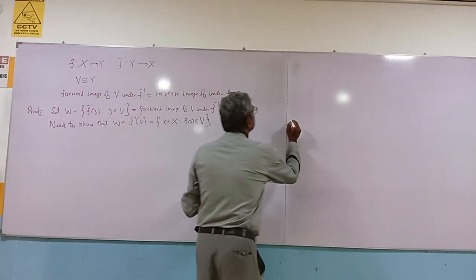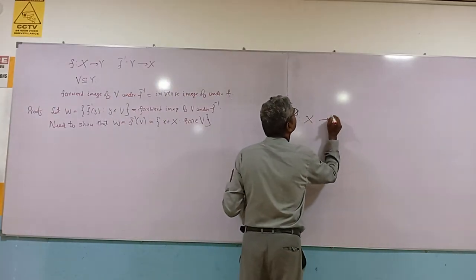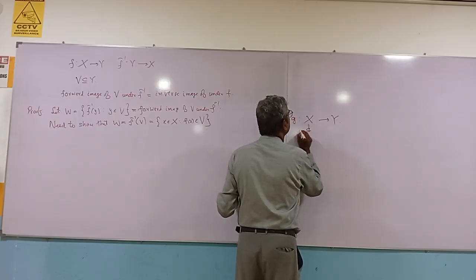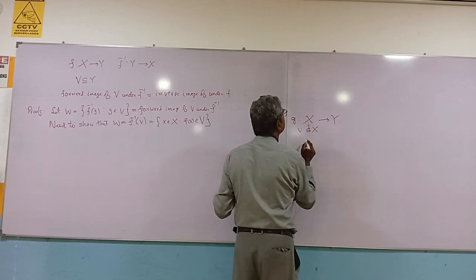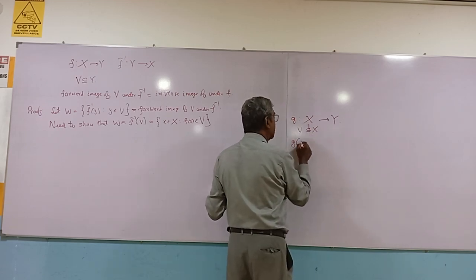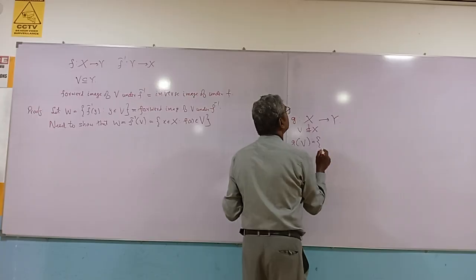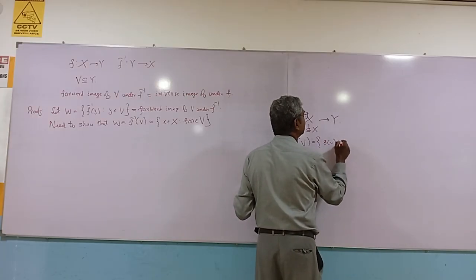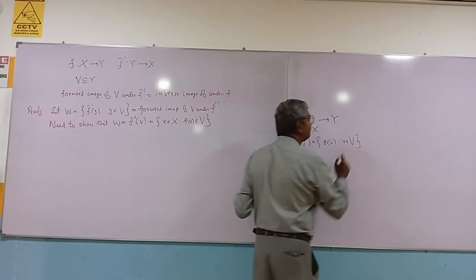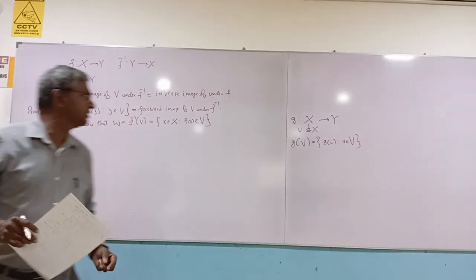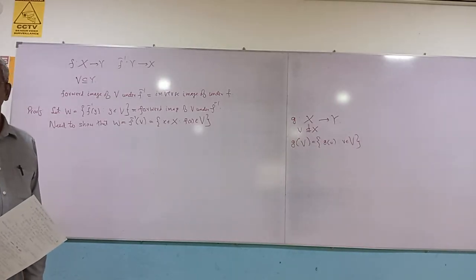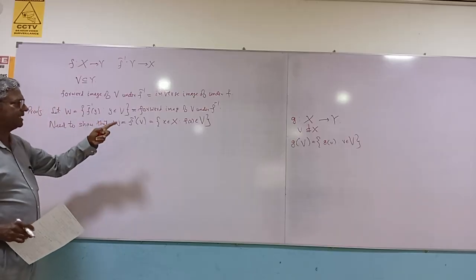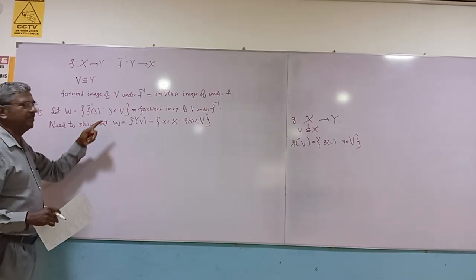Suppose you have a function g from X to Y, and say you have a subset V of X. Then we can define g of capital V as the set of all g little v, such that v belongs to capital V. That is the meaning of g V, and W is exactly that.